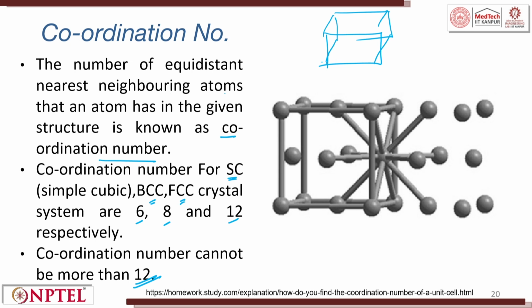Right? And please go by the definition, the number of equidistant nearest neighboring atoms that an atom has in the given structure is called the coordination number. Right? So, now you will try to figure out how this limitation is coming. This can be an exercise for you.